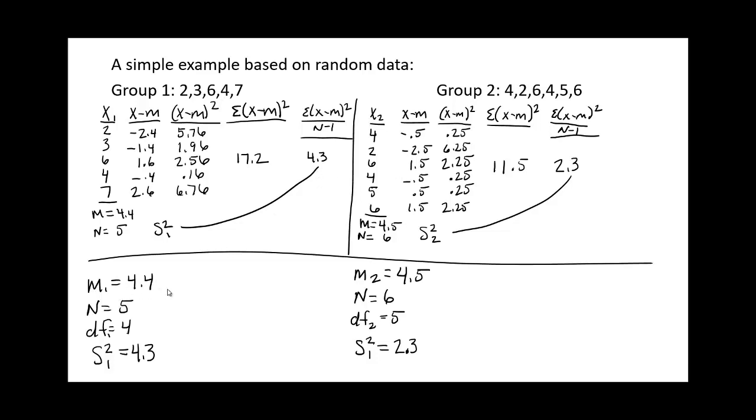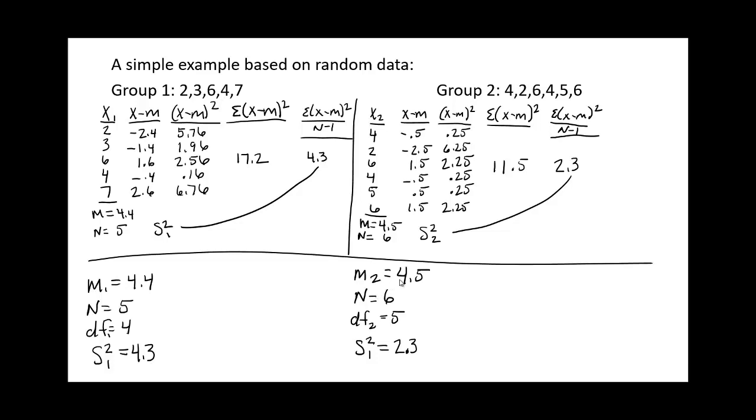So from each group, we have some figures. The mean of group 1 is 4.4, so on average, the kids have 4.4 outbursts per day. And for group 1, the number is 5, degrees of freedom is 4, and the estimated population variance is 4.3.